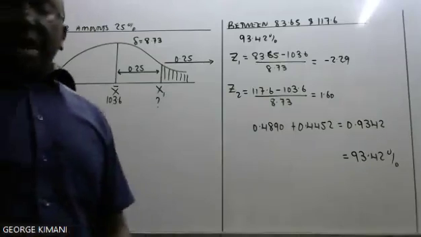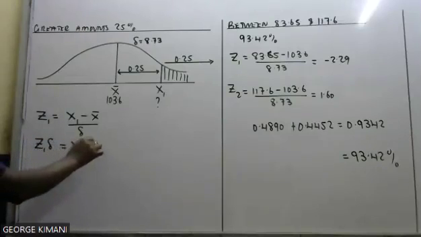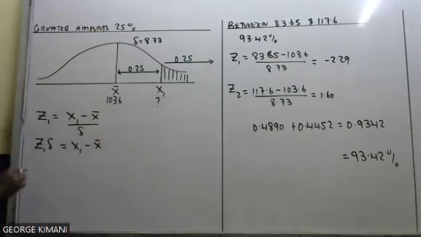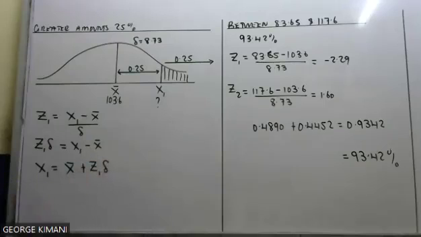You seek to make X1 the subject: Z1 times standard deviation equals X1 minus X bar. Therefore X1 is X bar plus Z1 times standard deviation. That is how it will end up.